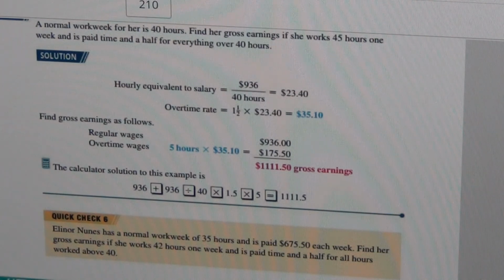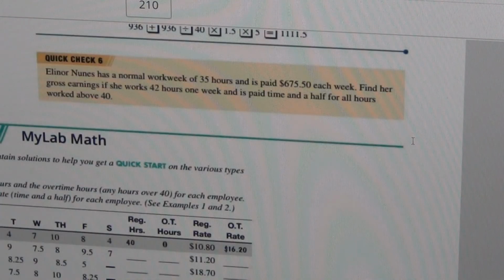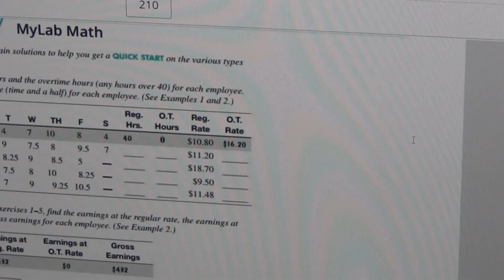But in many cases, you may want to offer a supervisor a salaried rate so that they get a minimum amount, but they're not going to be considered exempt, so they're non-exempt employees that are salaried, and that means you will have to pay them some overtime. Just like what we figured out for Monica Gonzalez. Okay.